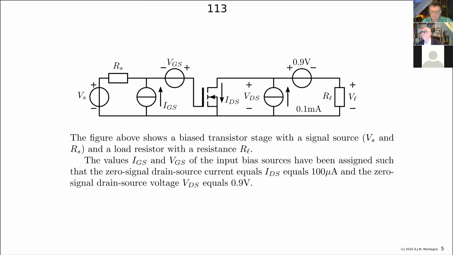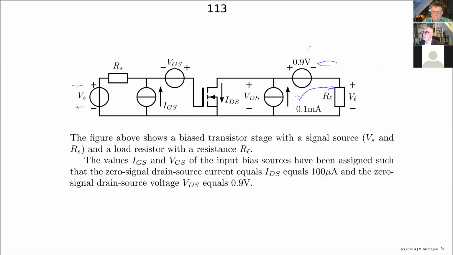And I always have to look at my pen. So here we now have a negative input voltage, so it will be minus, plus, which means that the transistor is conducting less current, so there will be another current flowing a little bit through the load.